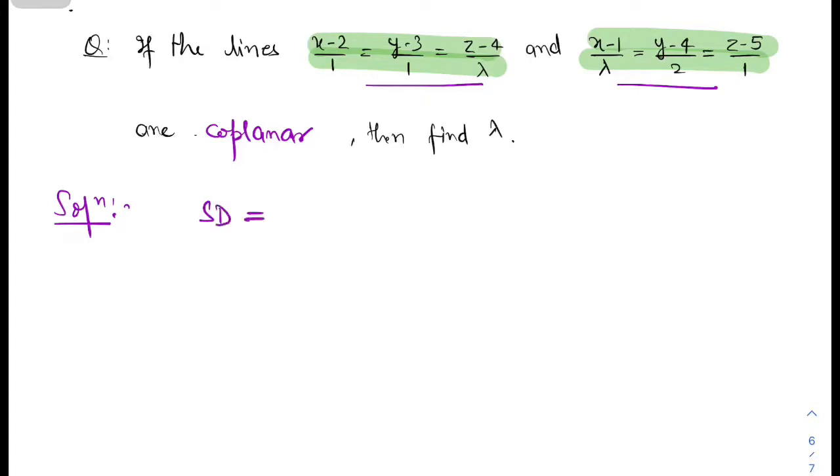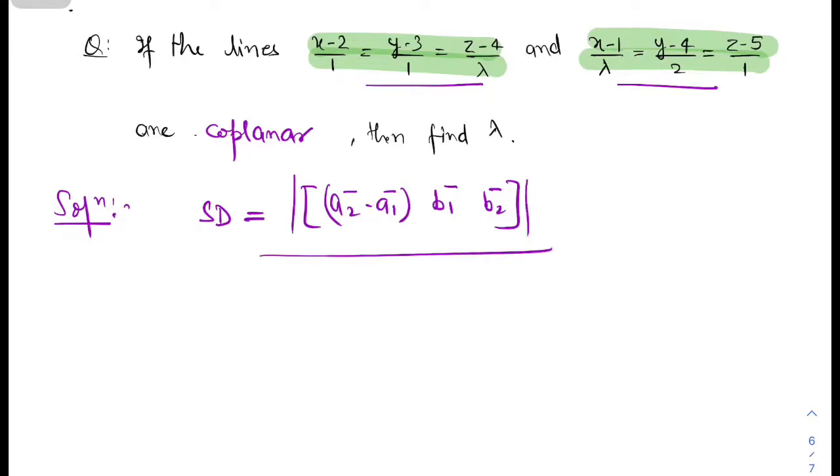So the formula of shortest distance was the scalar triple product of a2 minus a1, b1 vector and b2 vector, mod, divided by the magnitude of the cross product of b1 and b2. Okay, this is the formula for shortest distance. If I make this shortest distance 0, no role for this denominator.